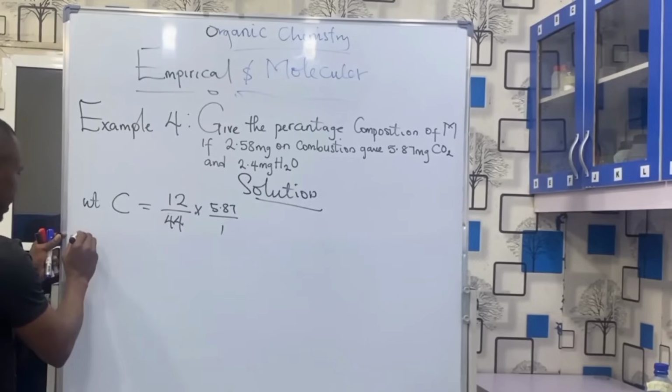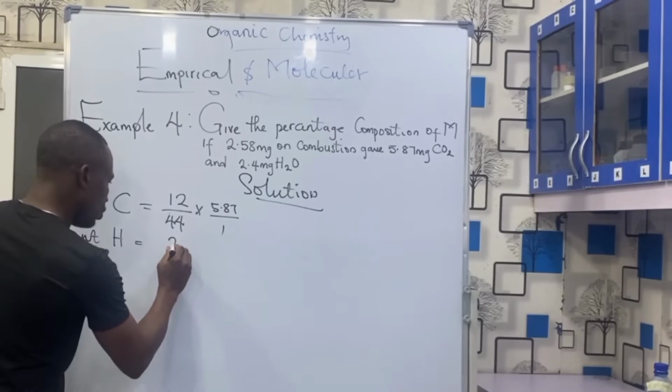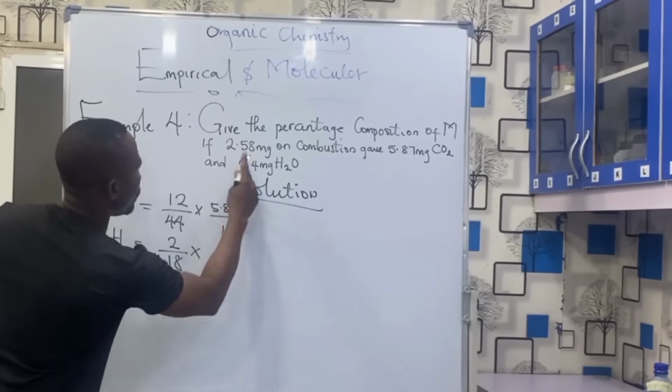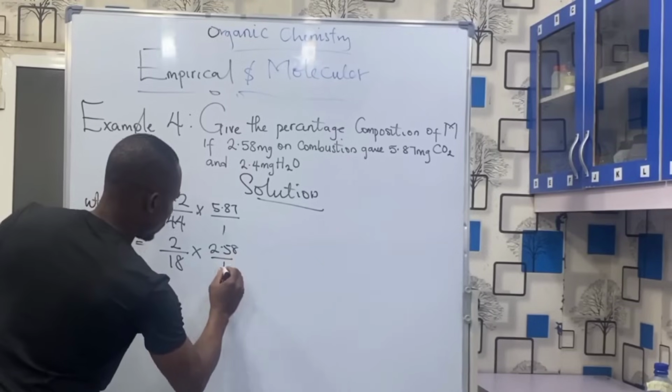Do that for hydrogen. The weight of hydrogen will be 2 all over 18, which is water. The weight of water there is of course 2.58 milligram.